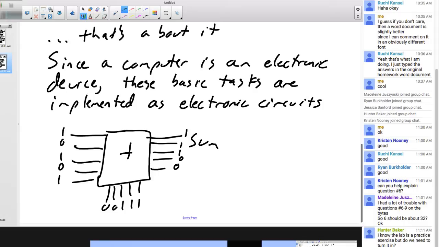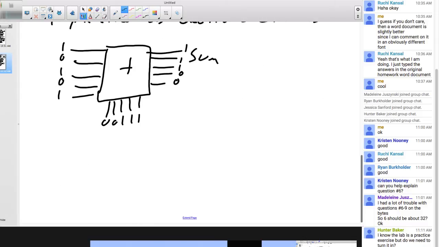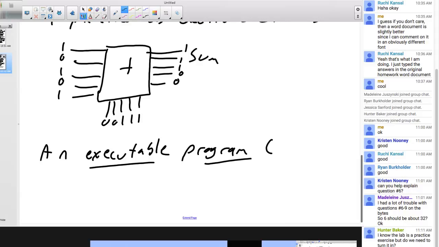Okay, so an executable program, if you're a Windows person, we're talking about .exe files. An executable program is a series of machine instructions.